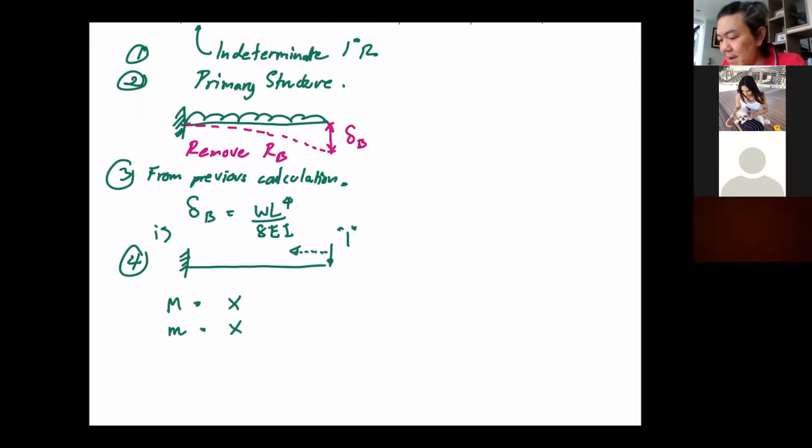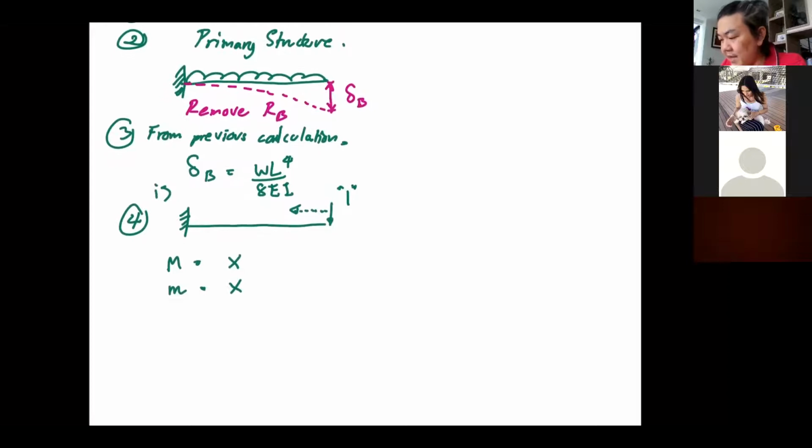So that means my integral, delta BB due to the unit load, will be equal to the integral from 0 to L of x times x dx over EI.